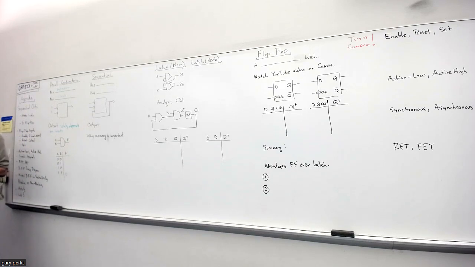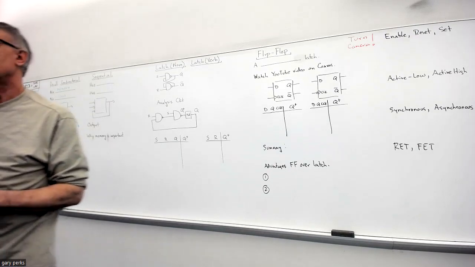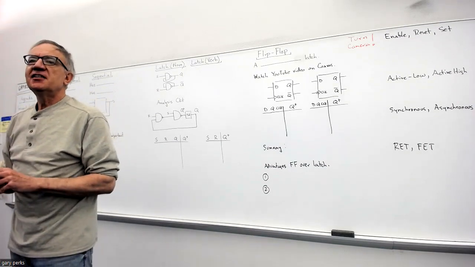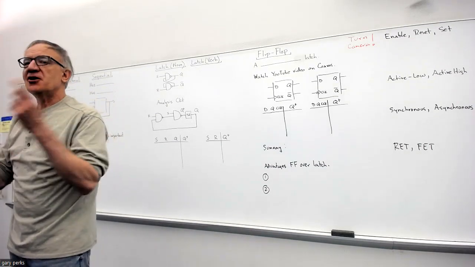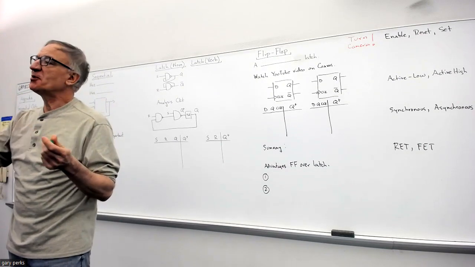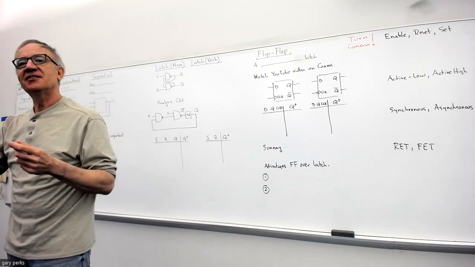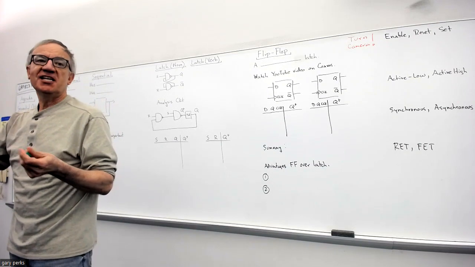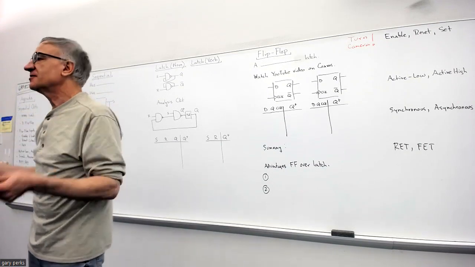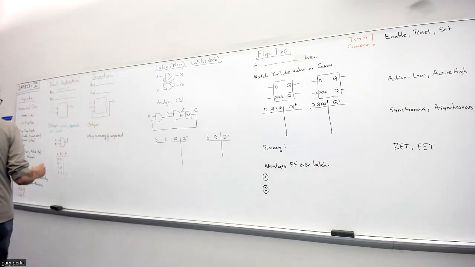But remember the NAND gate is an AND with an inverter on the output, right? So the way I remember is, I know an AND will only give me a 1 out when all inputs are 1. And then I just remember, well, a NAND is just an AND with the output inverted. So with a NAND, you only get a 0 out when all inputs are 1. That's my thought process.